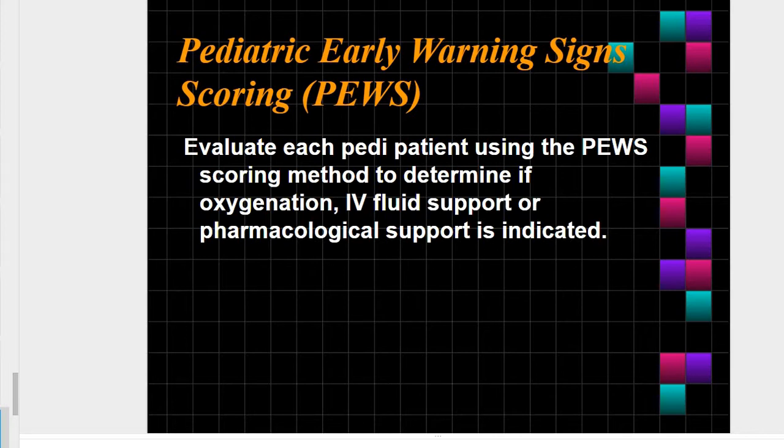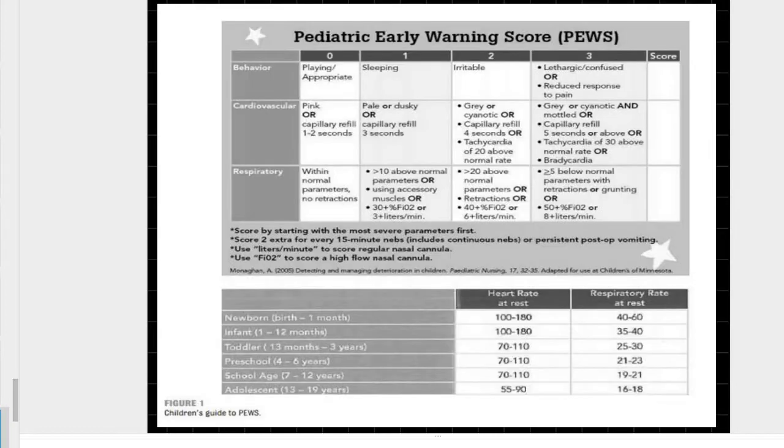So you're going to evaluate each pediatric patient who looks sick, non-arrest, because if they're in arrest, or you take one look and it looks like they're going to code any minute, that's kind of a dead giveaway. But in the kid that just looks sick, using this to determine if you need oxygenation, IV fluid support, or other pharmacological support is very helpful. Here's the chart, and you can go online and do a search for PEWS, or Pediatric Early Warning Score, to get a copy of this.